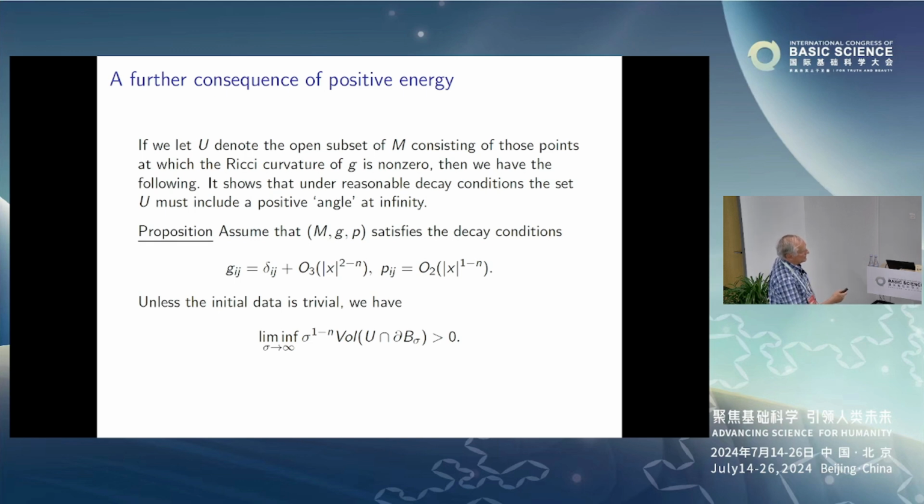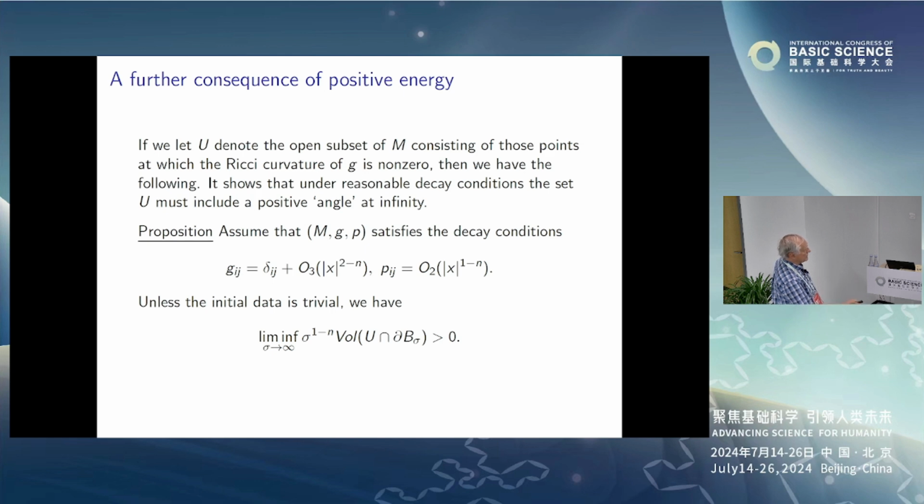It turns out the set of points where the Ricci curvature is non-zero has to be relatively large, and I want to describe that. Let me take U to be that set: the open subset of M consisting of the points where the Ricci of g is non-zero.